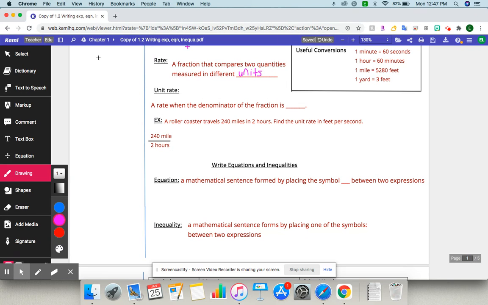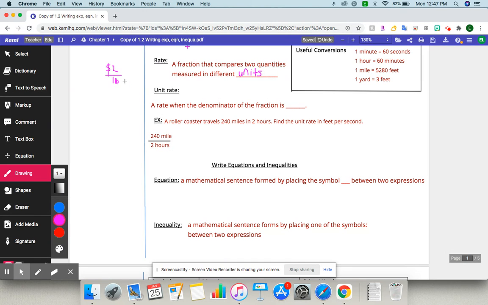Another type of rate we use often in our lives refers to the price per, say, pound of something. So maybe you go to the grocery store and it's $2 per pound of apples. So we're comparing money or cost to the weight of something. So that is considered a rate.